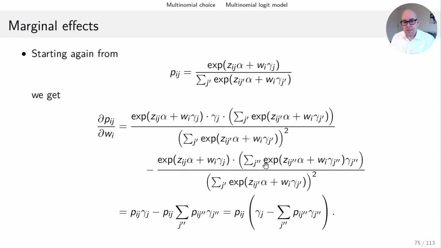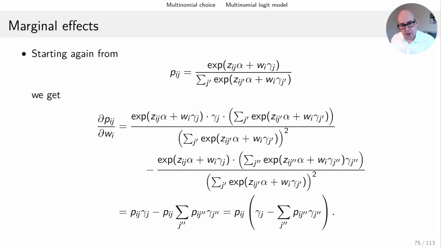This is the sum, and then I'm getting the outer derivative is always simply this expression here. So this term here is exactly this one here. The one difference is that I'm now writing j double prime instead of the j prime, and then it's always times the inner derivative, and that is the gamma j double prime, and then again divided by the denominator squared.